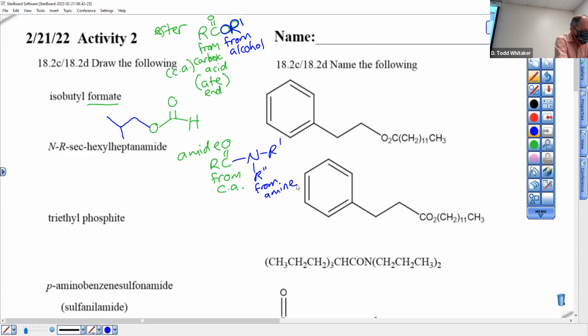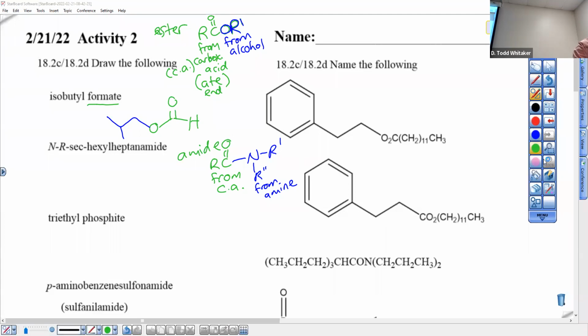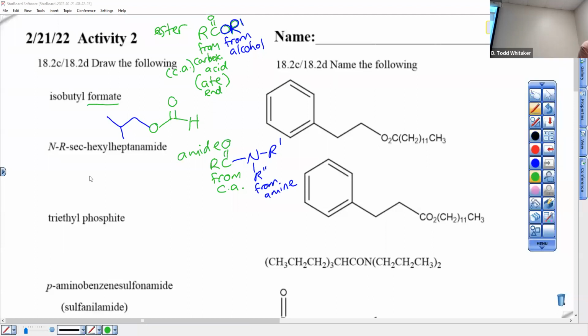We're going to draw heptanoic acid, but we're going to lose the OH. Here's the heptanoic acid. It's got the O. No, we're going to lose the OH. Don't draw the O. Draw the carbonyl. Six more carbons: 1, 2, 3, 4, 5, 6. That gives a total of 7 carbons. And that's the amide.